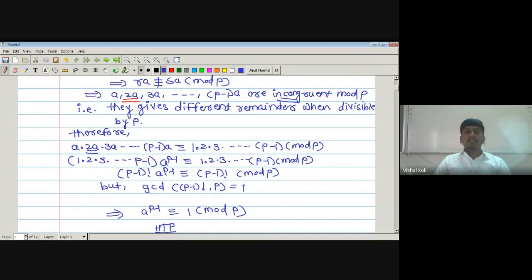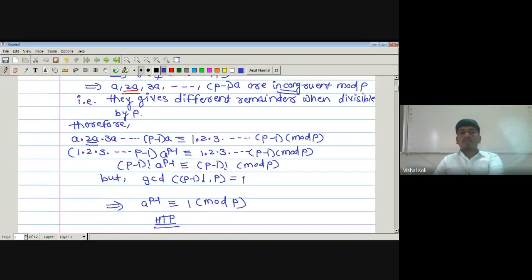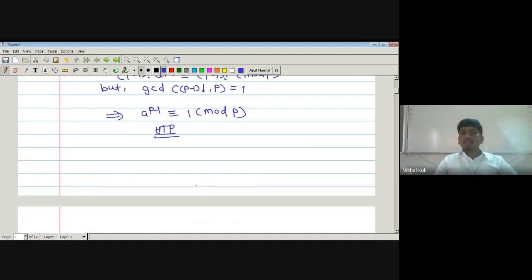Just take the product, p minus 1 factorial, and as a is multiplied p minus 1 times, therefore p minus 1 factorial into a to the power p minus 1 is congruent to p minus 1 factorial modulo p. As GCD of p minus 1 factorial and p is equal to 1, we cancel it, that is a to the power p minus 1 is congruent to 1 modulo p, which is our required statement. Any doubt in this? No, sir.